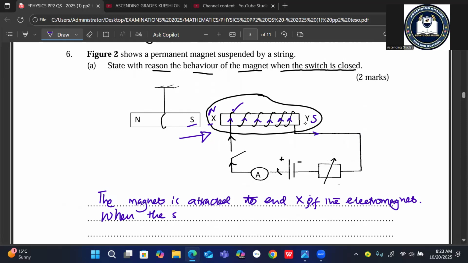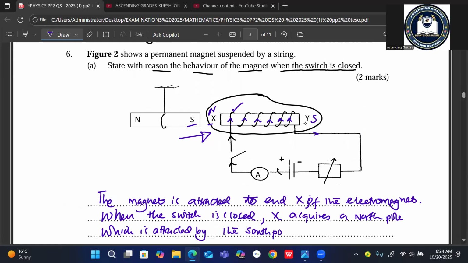When the switch is closed, X acquires a north pole, which is attracted by the south pole of the magnet. So that becomes the explanation.